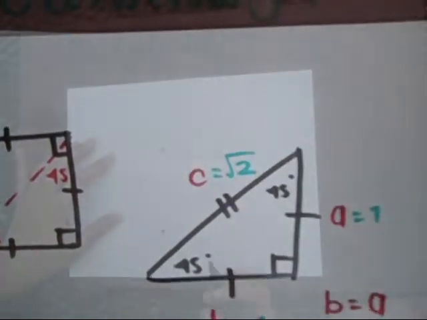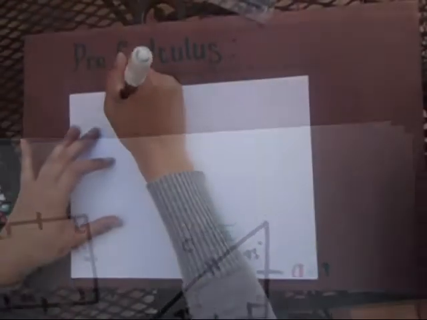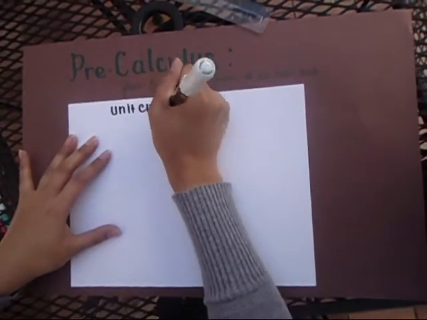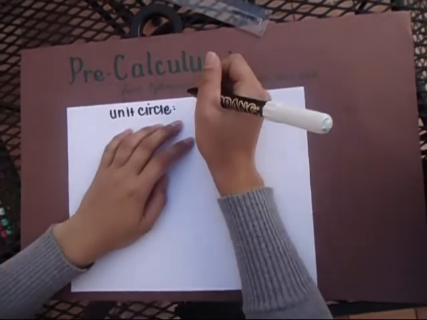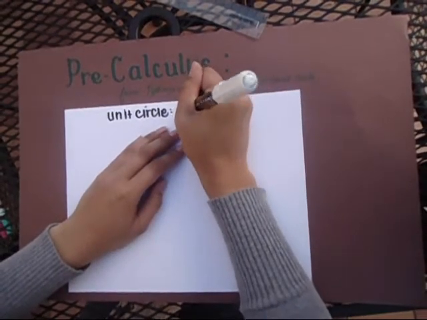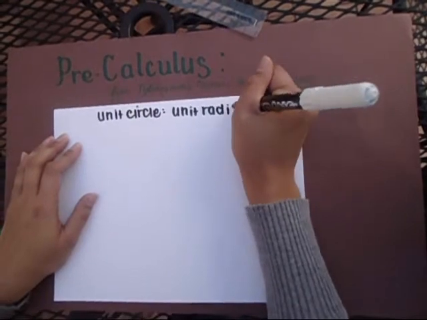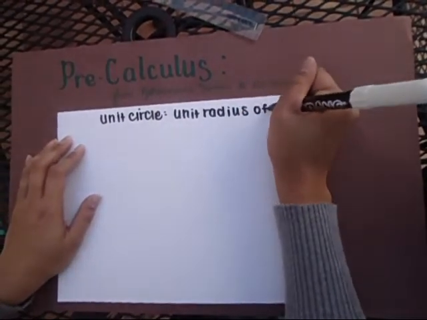Well, the next thing we're going to talk about is the unit circle. The unit circle is just a circle with a unit radius of 1.